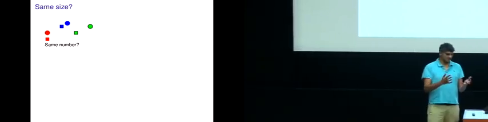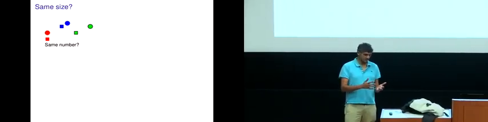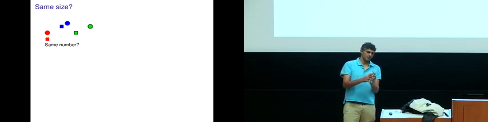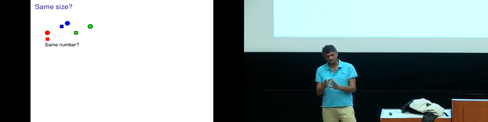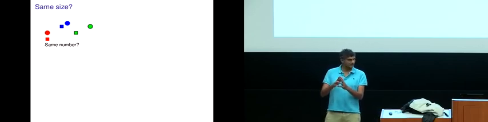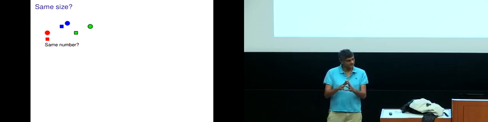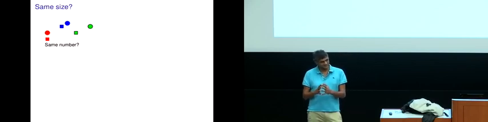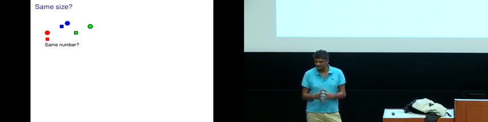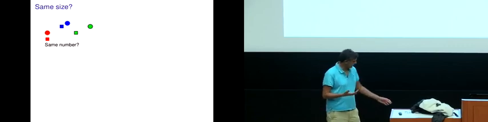Yes, they're the same number, because I made a bijection between my fingers. I didn't count them. It's hard to count infinity. So you have to think about another way to say things are the same size. How do we tell?